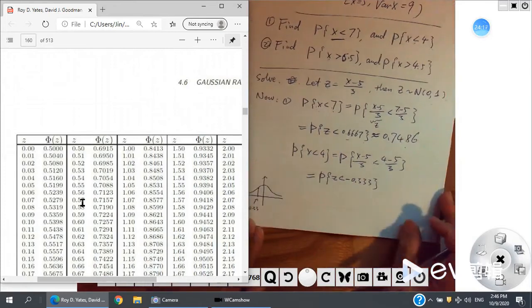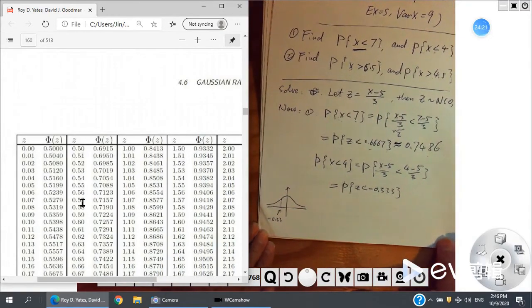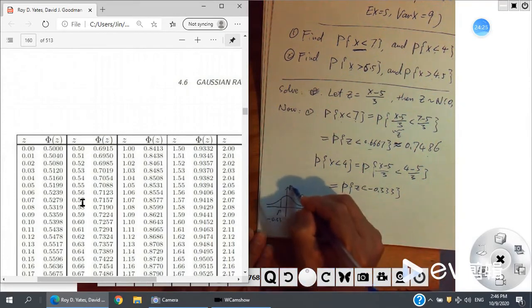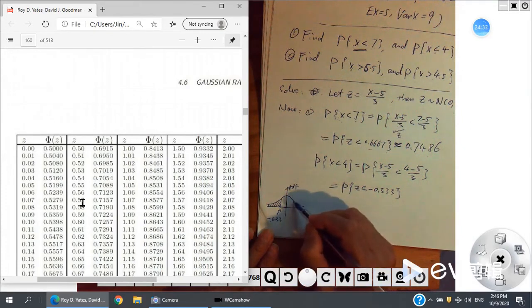I'm sorry, it's covered. Okay, we have this, right? This is a PDF. You draw a graph of the PDF. Then this is negative 0.333, and you want this part. But you can't find it in the table. To find it from the table, you consider symmetry.